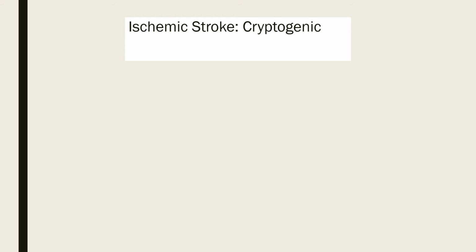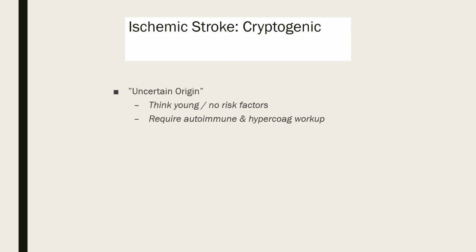So cryptogenic ischemic strokes, these are basically strokes of uncertain origin. You have no idea what actually caused it. This is typical of young people, so always be concerned of these, but really they're a diagnosis of exclusion. You've got to rule out everything else. But it's typically seen in young patients with no risk factors.